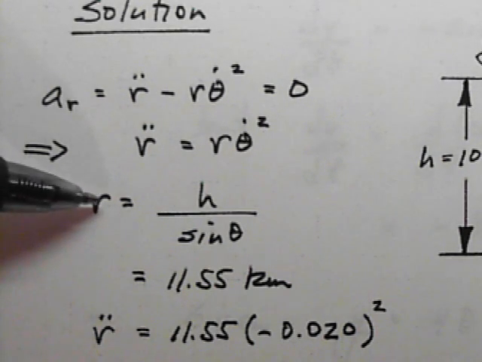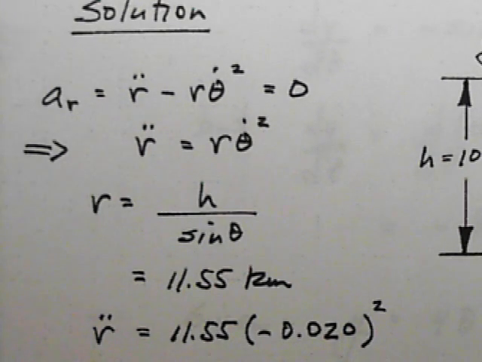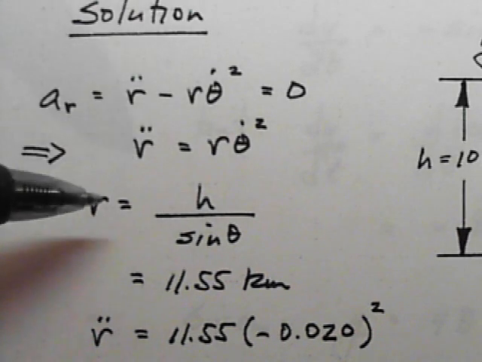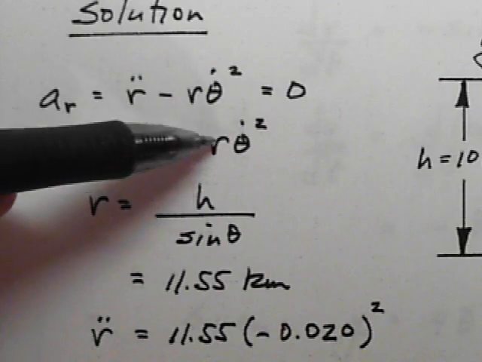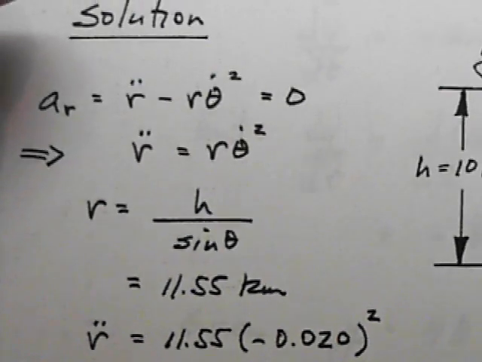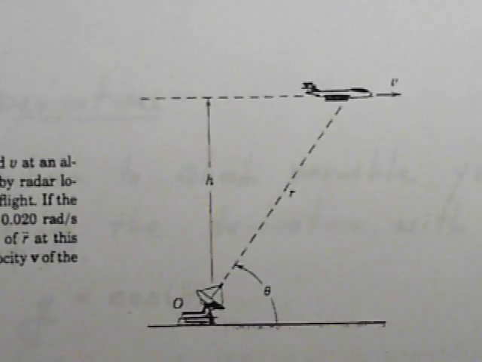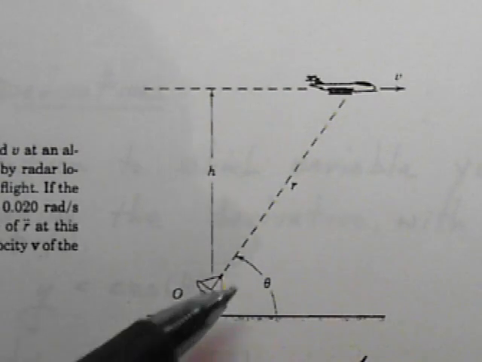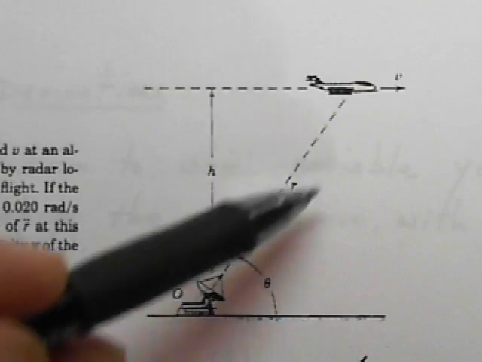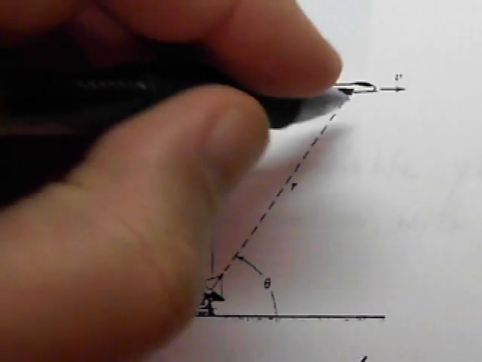Looking at our geometry as a triangle, because we're going to need r, and we know our theta, 60 degrees, that was given. We're going to need r, but we can get that from the geometry. Okay, here's our angle theta. Here's our height h. Here's our distance r. We can bring h into this triangle right here.